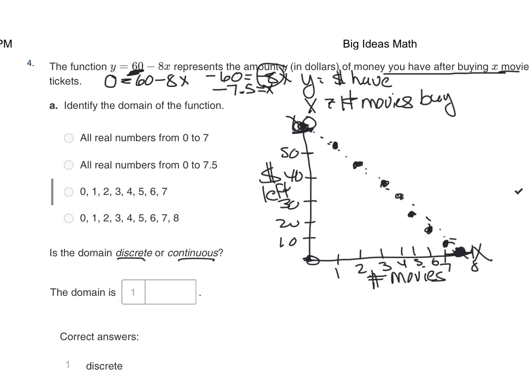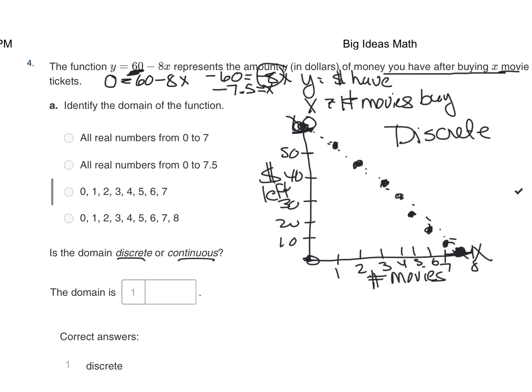And then we couldn't go $8 more, that would be 4 in the hole, right? So this would be discrete because I can't buy half of a movie.